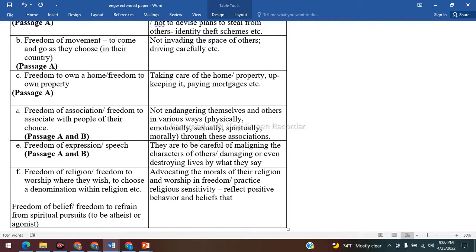Reflect positive behaviors and beliefs that will move the country ahead. I like this one because you want to adopt a philosophy that would bring a forward movement of the nation instead of a divisive front.